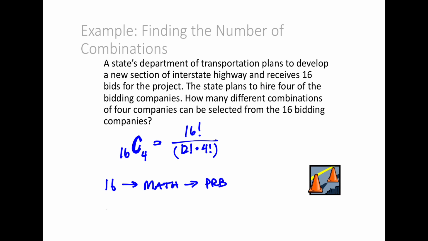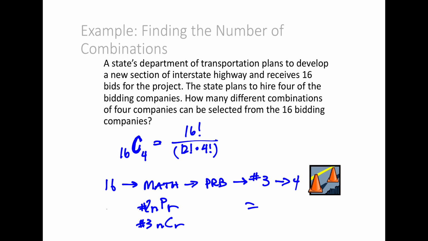If you look at choices number 2 and 3, number 2 says nPr, and number 3 says nCr. That is the permutation and the combination. So if I typed in 16, if I select number 3, the combination, since this order really isn't important, and then I type the number I want, which would be 4, this will do the combination for me.